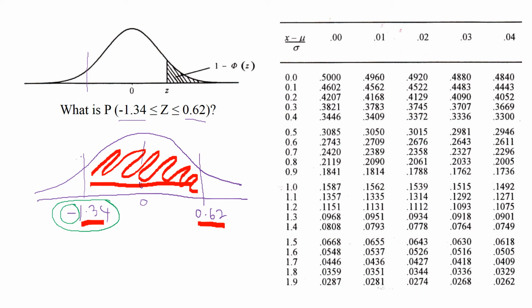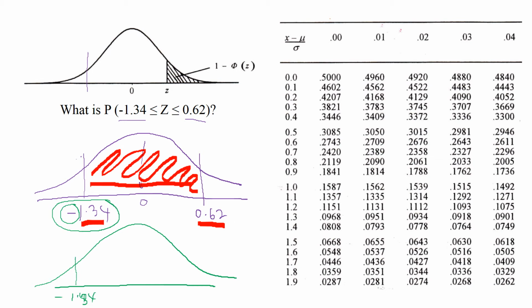Remember that the table values give the probability to the left. So we draw another curve, and we know that negative 1.34 is somewhere here.